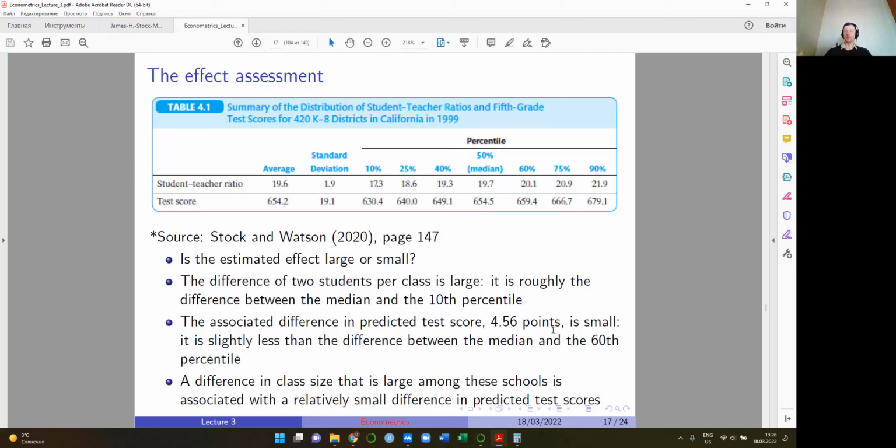So we see that what we are talking about right now is not related to statistics. It is not related to mathematics. It is related to real life understanding of the processes. We need to understand what exactly we have discovered and whether this effect is reasonable, and we can make some recommendation based on this.